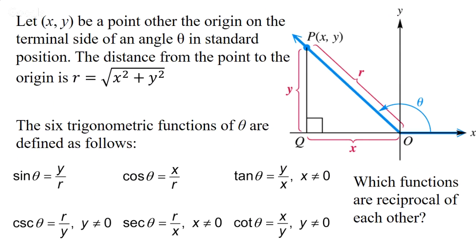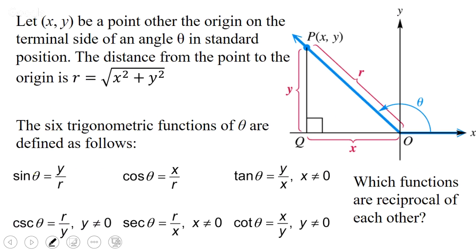So here are our 6 trig functions. You've seen them before: sine, cosine, tangent, secant, cosecant, and cotangent. We notice here, when we have it on the coordinate plane, sine is opposite over hypotenuse. The opposite is the y value.